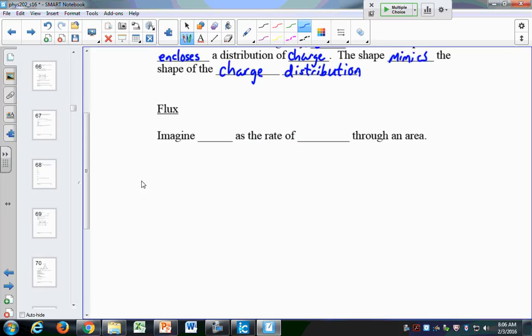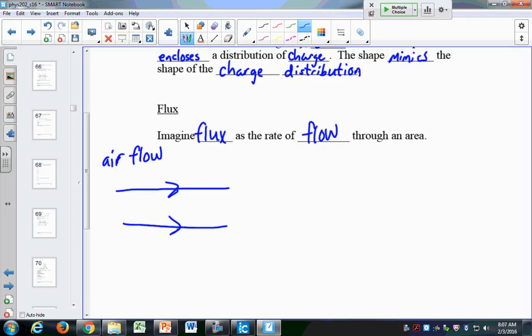All right, now flux. You can imagine flux as the rate of flow through an area. So let's imagine that we have this flow, like we have airflow, for example. Air is traveling along these lines in a straight laminar fashion so that it's not all twisty and curvy, but we just have airflow or some other liquid that is flowing through space.